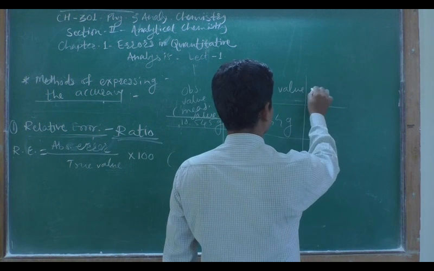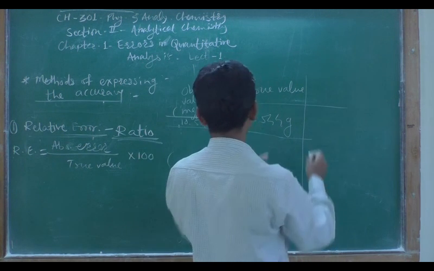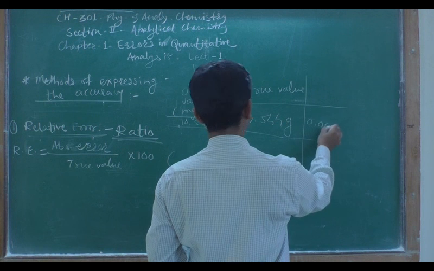Absolute error is the difference between the observed and true value, so it is 0.001 gram.